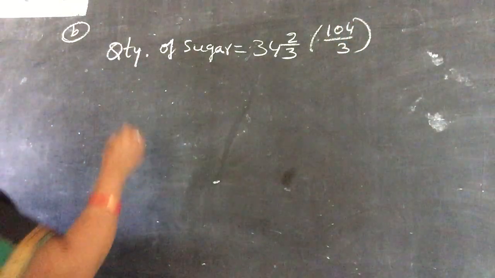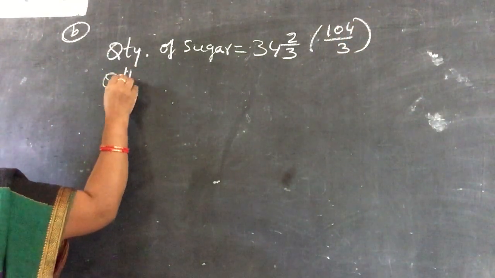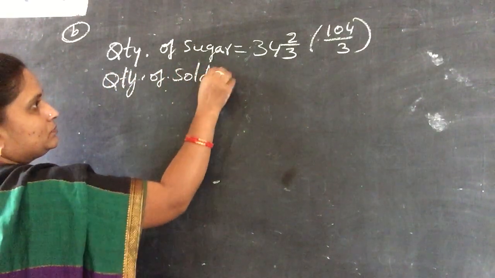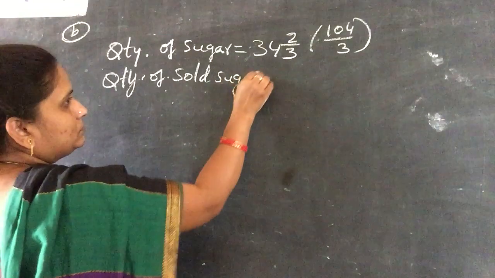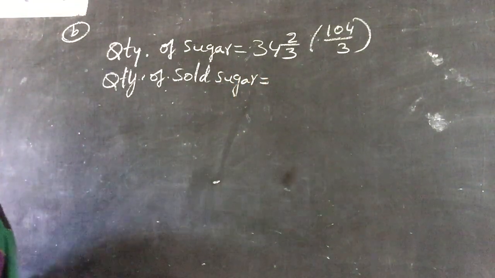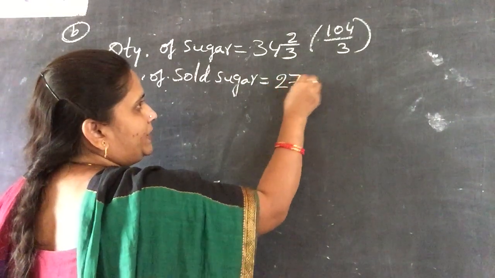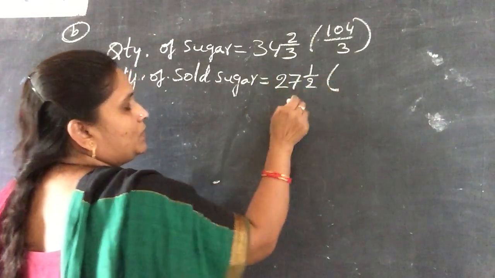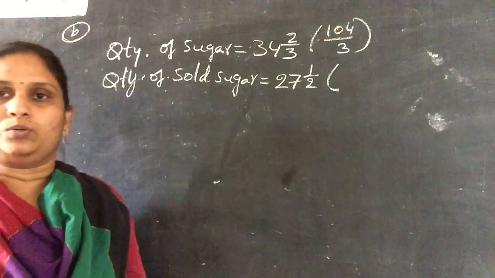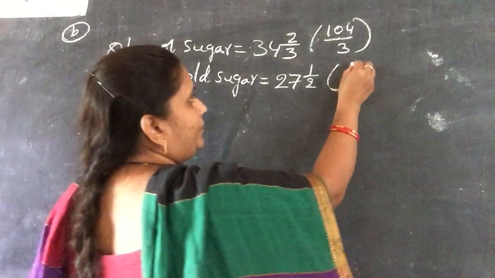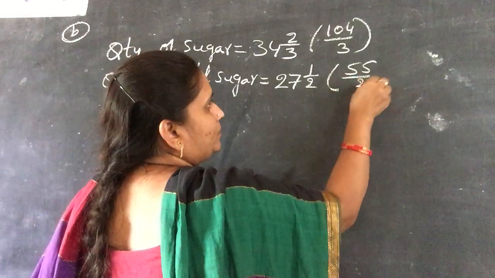And the quantity of sold sugar is equal to 27 1 by 2. 27 into 2 will be 54, 54 plus 1, 55 by 2.